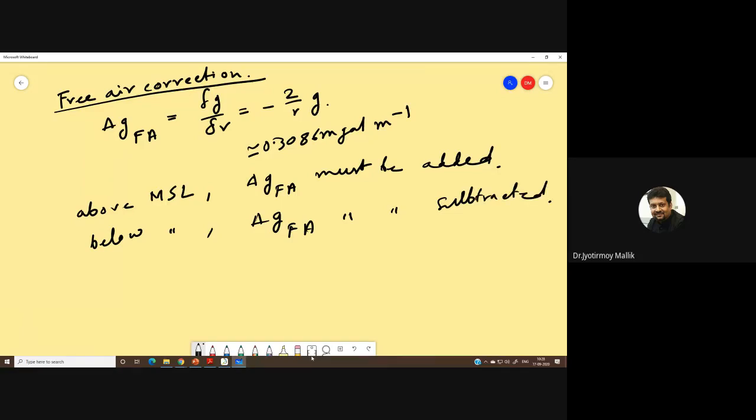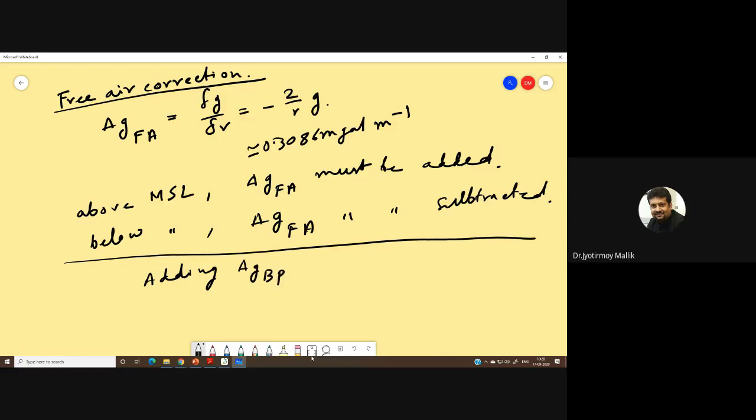Now, one thing you see that wherever I am adding Bouguer plate correction, I am subtracting delta G FA, right? And vice versa.